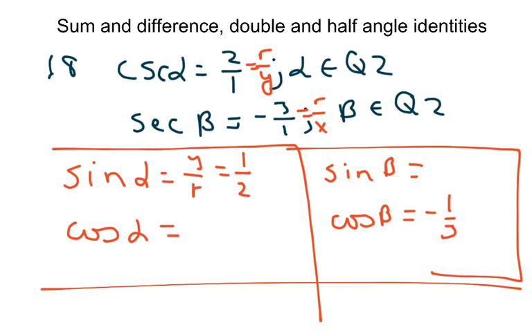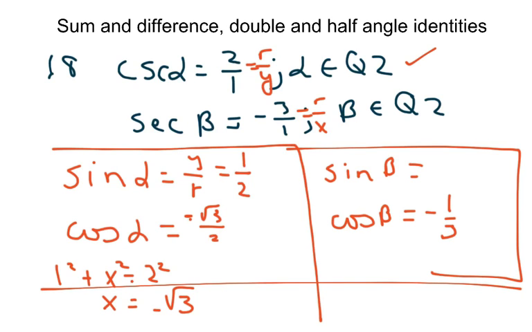When you do the Pythagorean theorem, you'll get 1 squared plus x squared equals 2 squared. So x equals plus or minus root 3. Since we're in quadrant 2, for alpha, we're going to have to take the negative portion of the root 3. So this is going to be negative root 3 over 2.